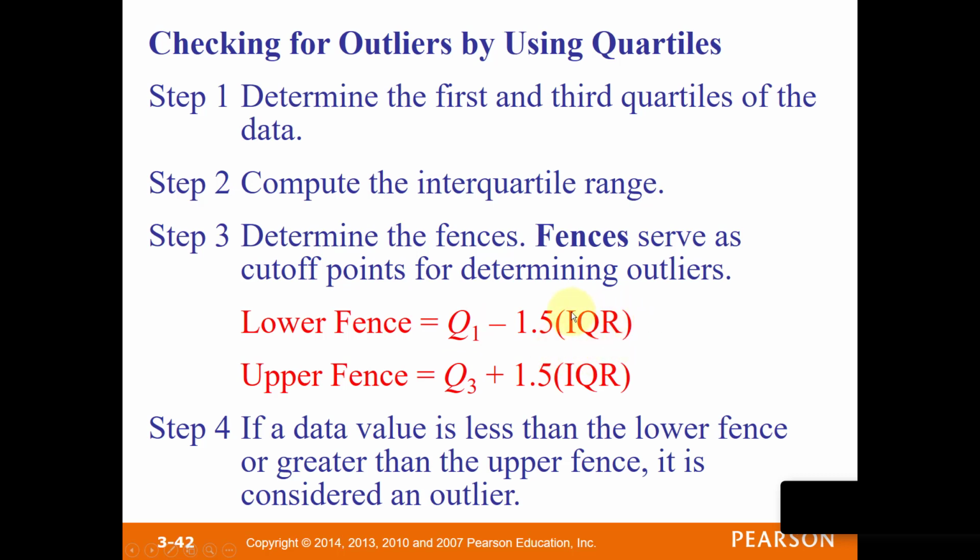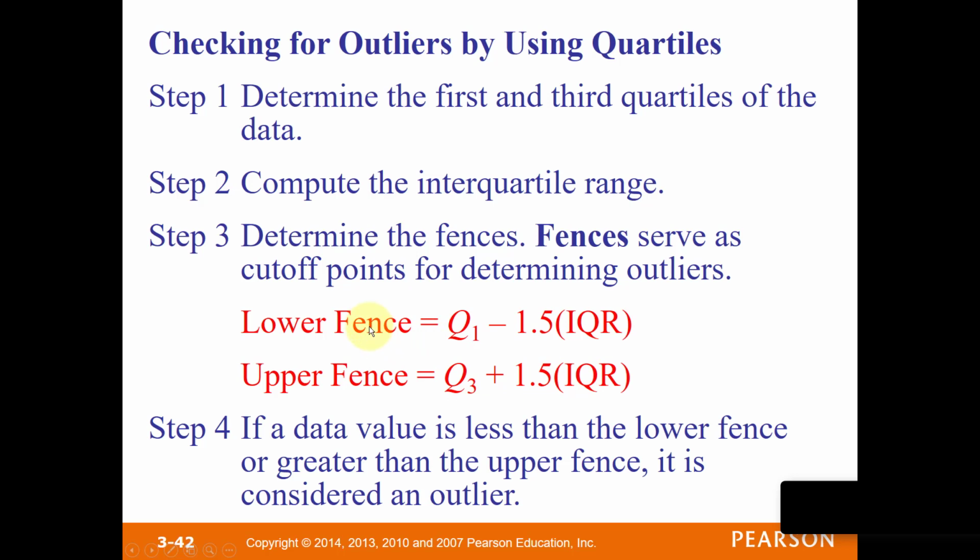And so the very first thing you do is compute Q1 and Q3. All right, you'll use technology to do that. Once you have Q1 and Q3, compute the interquartile range, which is just Q3 minus Q1, and then compute this calculation. Q1 minus 1.5 times the interquartile range, and Q3 plus 1.5 times the interquartile range.